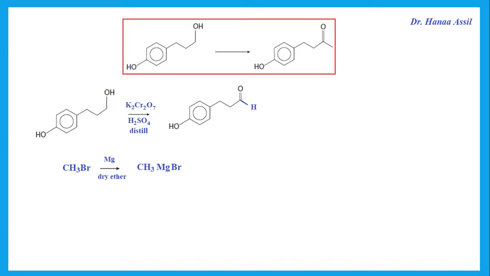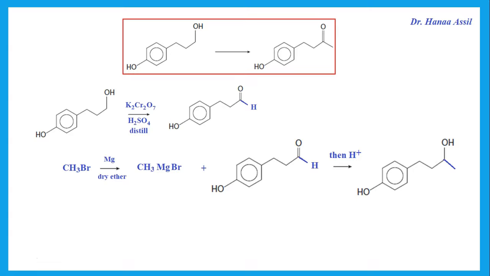We need to add one more carbon, so we start from, for example, bromomethane. To make the Grignard, we know that we should react that with magnesium in dry ether, add that to our aldehyde, and then H+, we end up with an alcohol that has one extra carbon. Now, what do we do to get to the product?